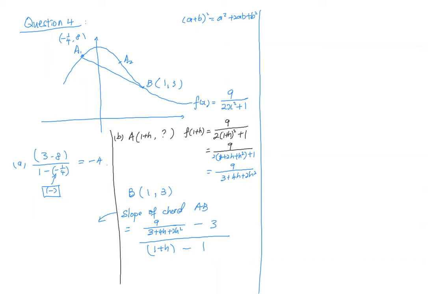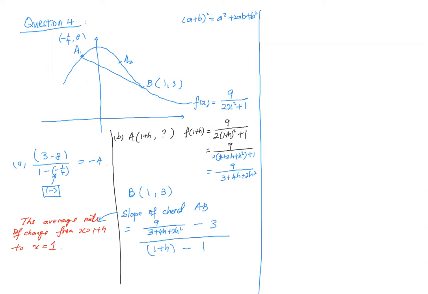Please remember, this year they didn't ask you what is the meaning of the slope of the chord, your year, I don't know. So this is the average rate of change from x equal to 1 plus h to x equal to 1. Are you clear? You have to state clearly the range.